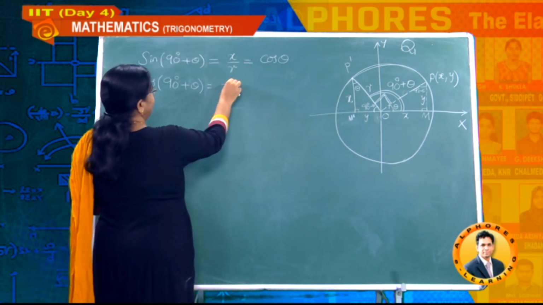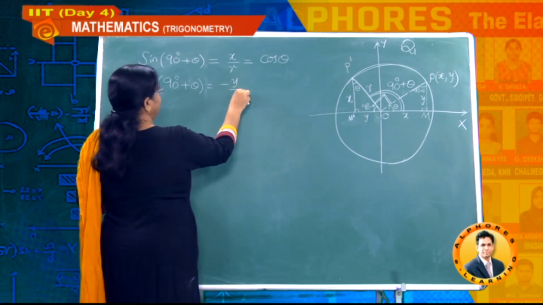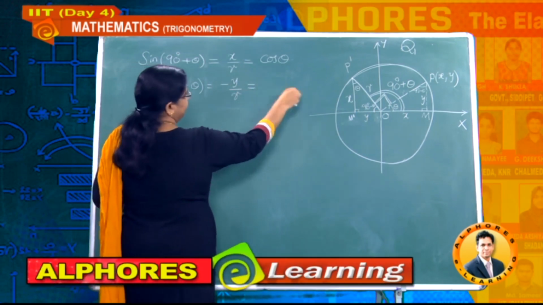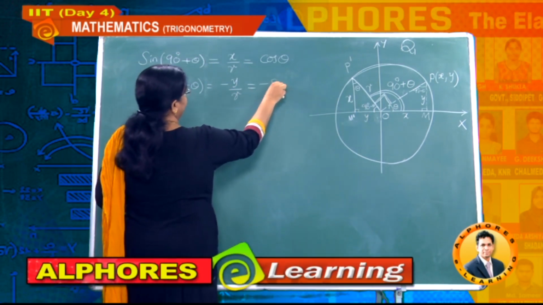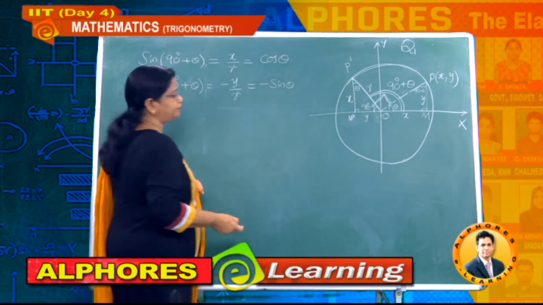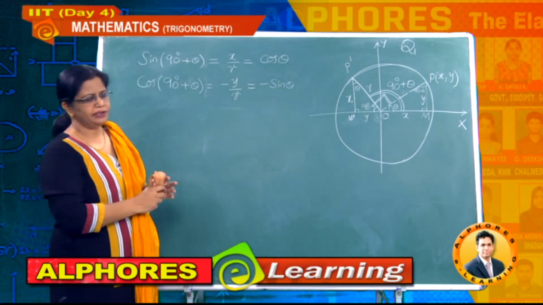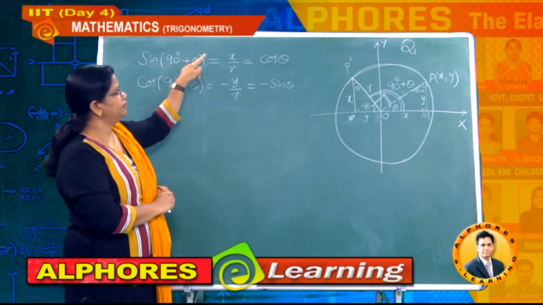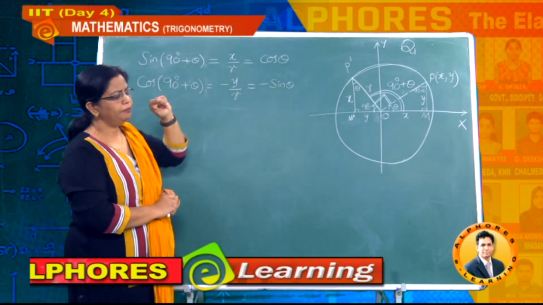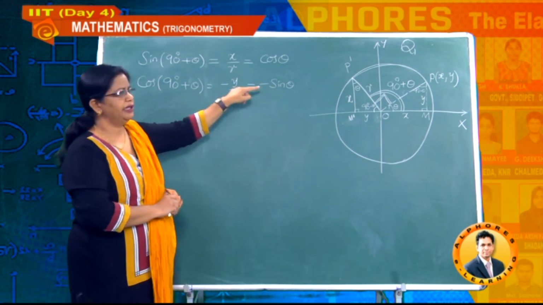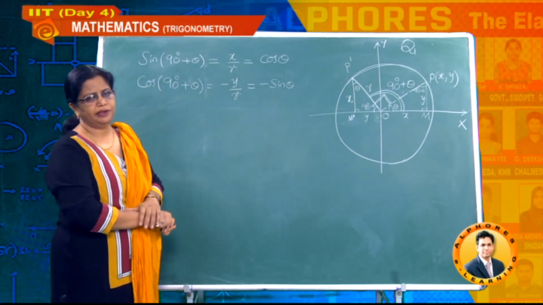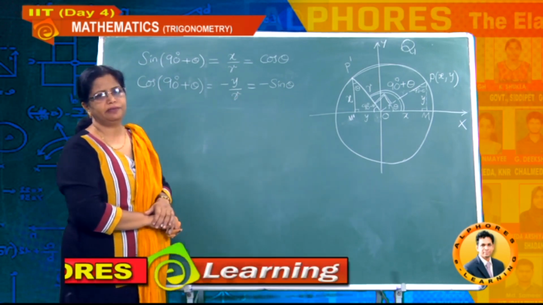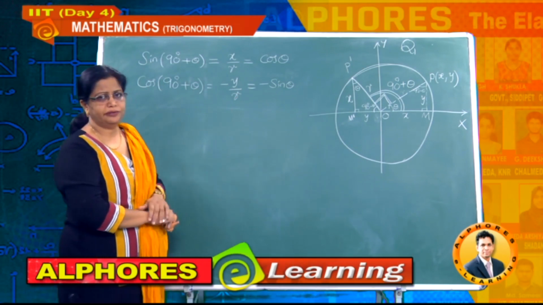Hence I will write here minus y divided by r, and this is from that diagram minus sin theta. Observe dear students. So this is sin 90 plus theta, you got cos theta, and cos 90 plus theta equal to minus sin theta.